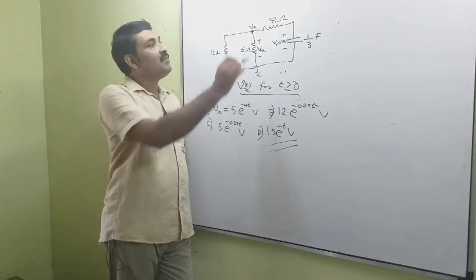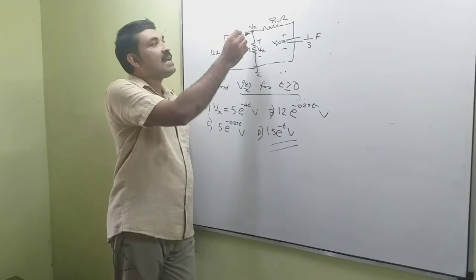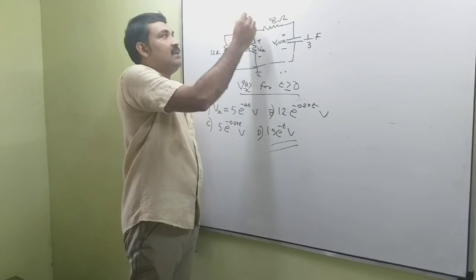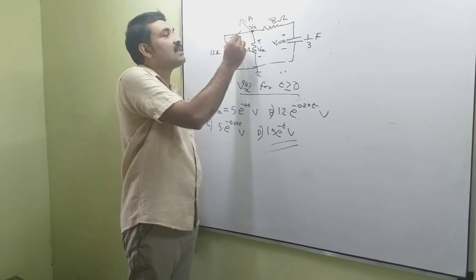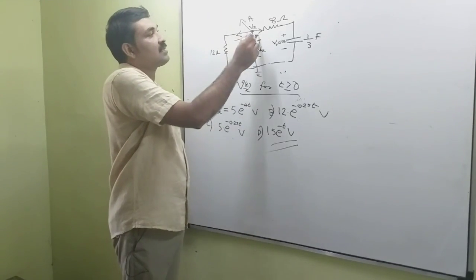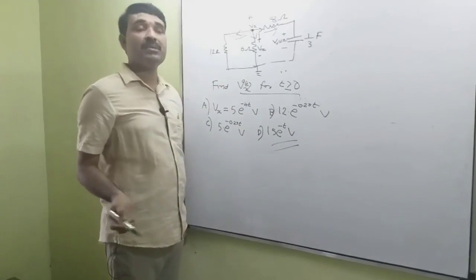Okay, now apply KCL at this node. Let this node be A. So we are assuming all the currents are outgoing currents. Okay, so this current plus this current plus this current is equal to 0.